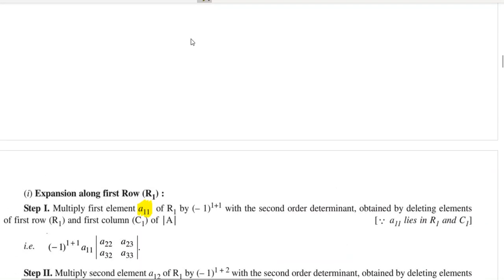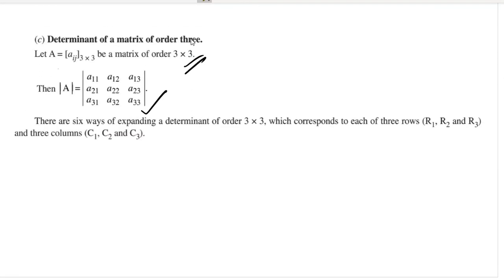Okay, so what they are trying to tell you, I will show you over here. First, take this element. I'm expanding along the first row, so I'm taking this element, writing it separately, A11, and I'm going to multiply with minus 1 raised to 1 plus 1.